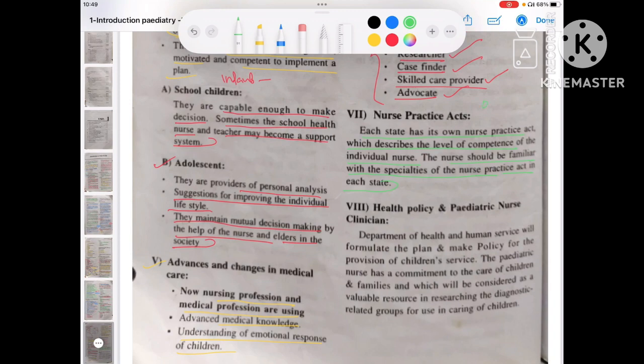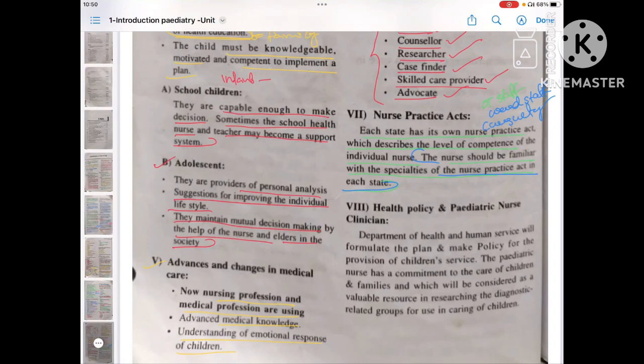Some nurses will be OT staff, some will be ward staff, and some will be emergency casualty staff. Each of them has their own practice, and they should be familiar with the specialty nurse practice in each state.